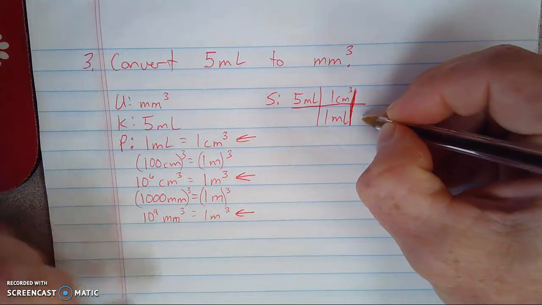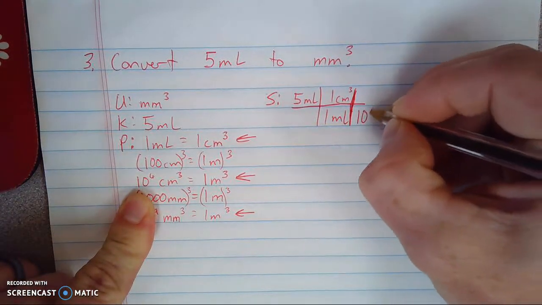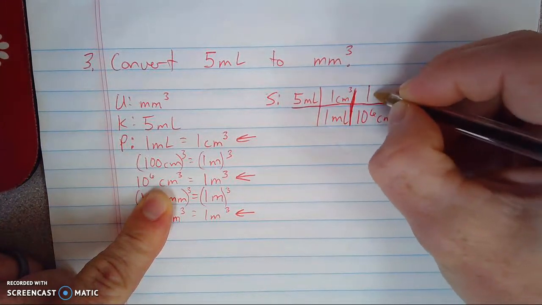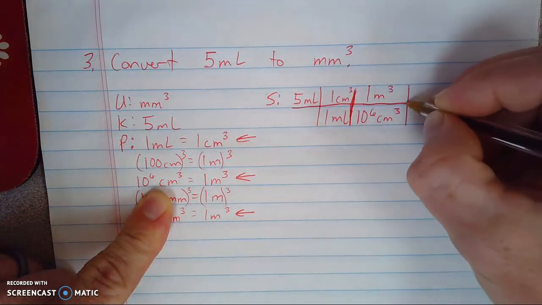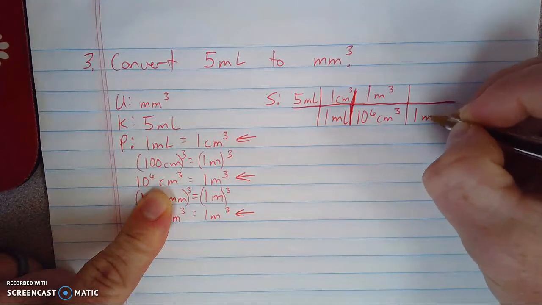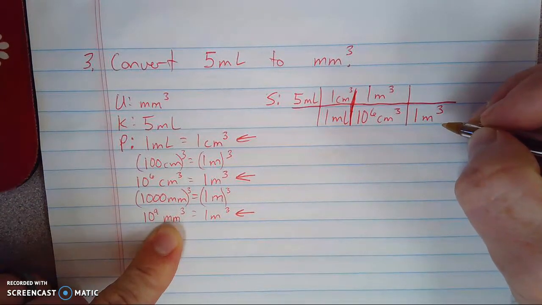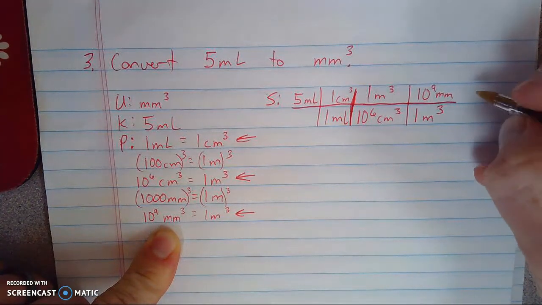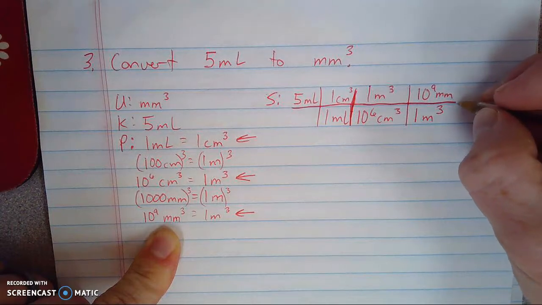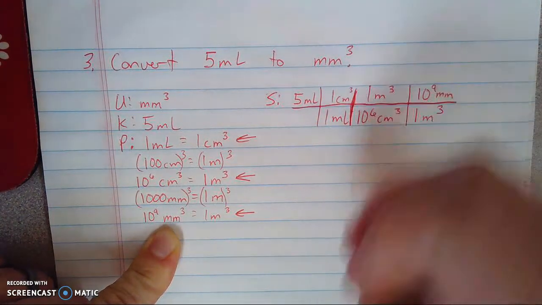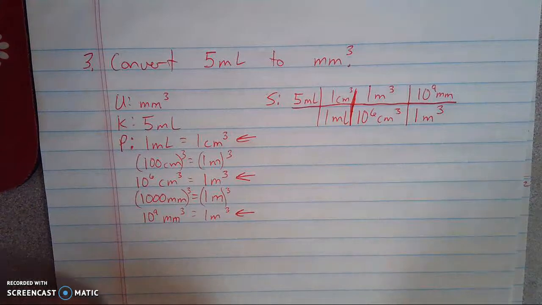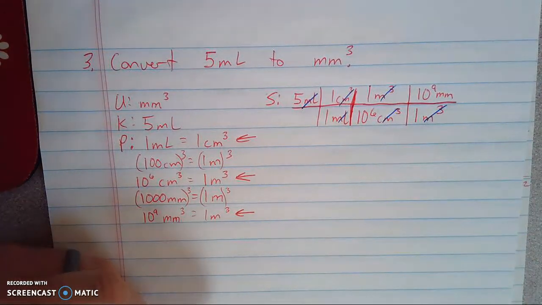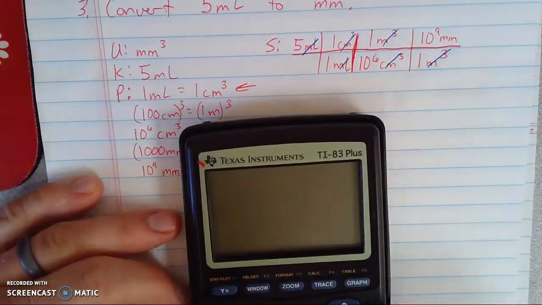And then 10 to the 6 centimeters cubed equals 1 meter cubed, and 1 meter cubed equals 10 to the 9 millimeters cubed. Now let's check our units, make sure everything cancels out here. All right, that's good. Now we need to do some calculator input here.